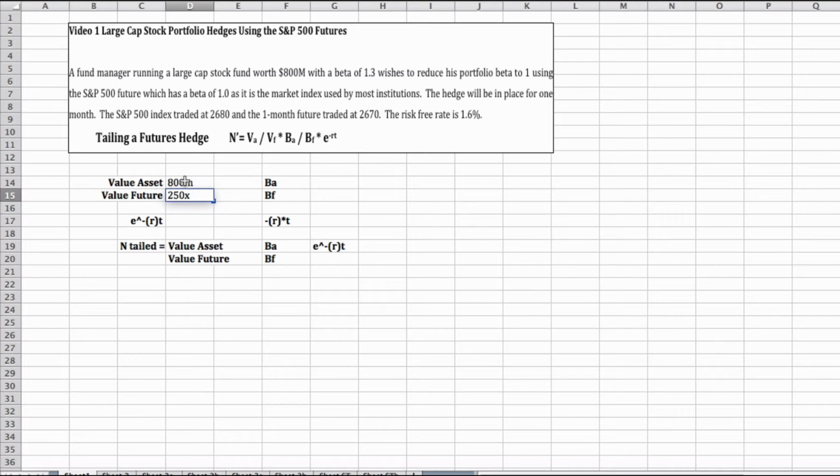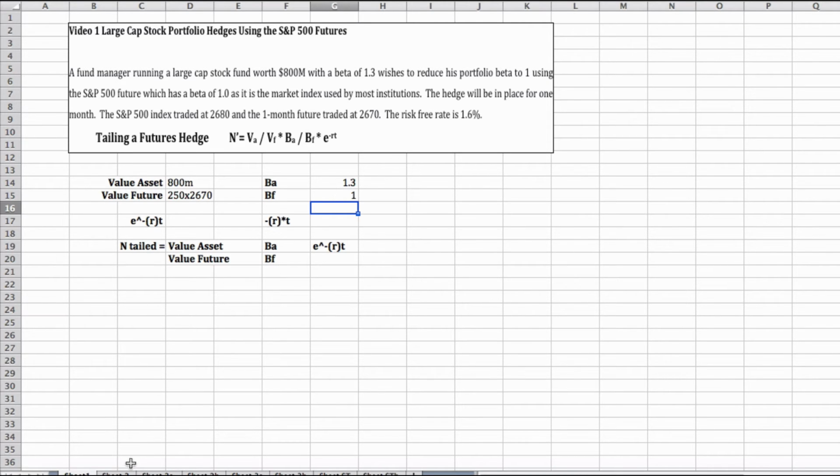And that was 2670. And risk-free rate, 1.6. And this future is only 1 month that we're hedging. Beta of the asset, 1.3. Beta of the future already, we know it's 1. And so we could easily calculate the full hedge.